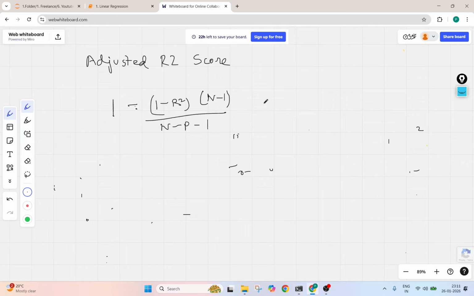What it means is R here refers to the R2 score. N here refers to the number of rows, that is the total data points the data has. And p over here refers to the number of features, that is the number of columns.